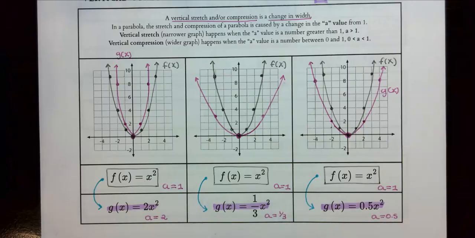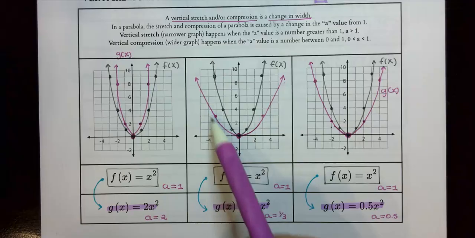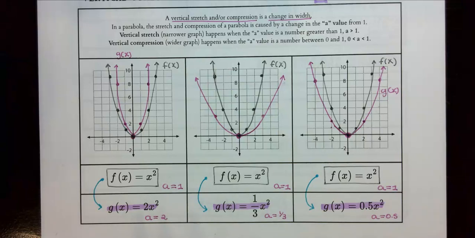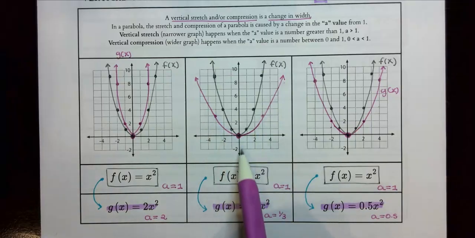As long as it's between 0 and 1, notice what it does to the graph. Our entire g of x is on the outside of the parent function, and we can see that it is wider than the parent function. This is what we call a vertical compression.